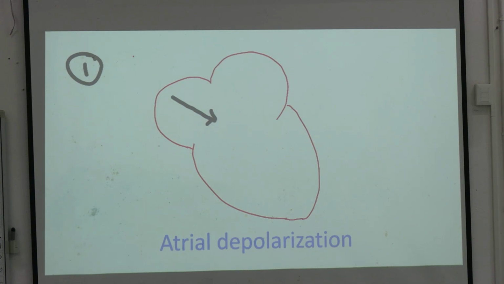So the first vector is traveling in this direction, down and left. This is called the atrial depolarization vector.